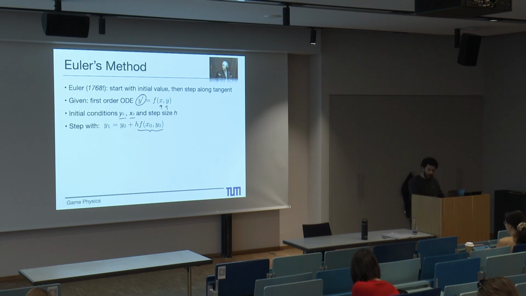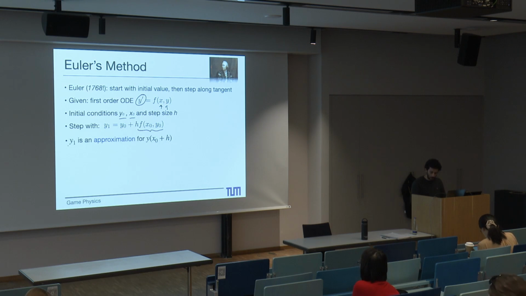Now, there will be a lot of y's and a lot of x's here, so it's important that we get the notation straight. First off, here we are writing y subscript 1 when we are defining the approximation of y starting from the point, for the function evaluated at x0 plus h, which is, by the way, x1.